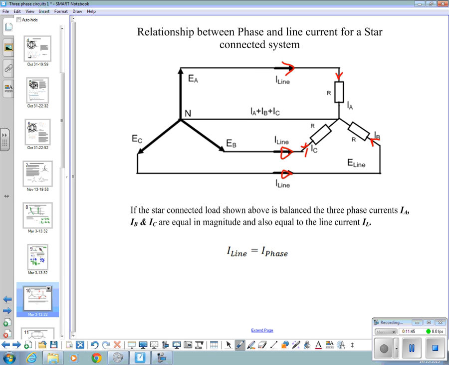So in a star connected system, I line, IL, and I phase, IP, are equal to each other.